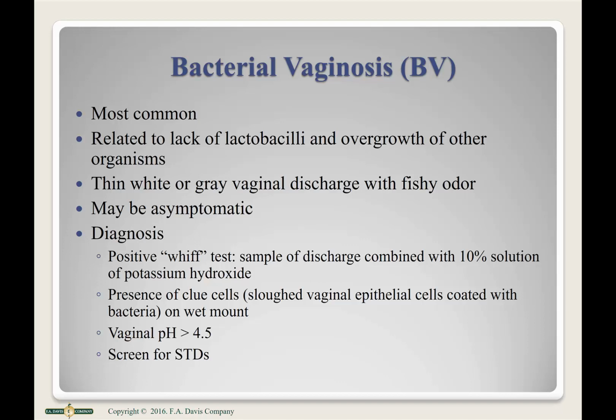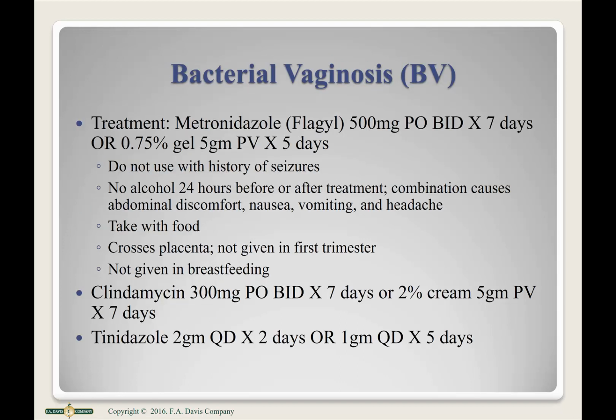And then if we were to do a pH on the vaginal discharge, it would be greater than 4.5. Okay. And then if you have someone with BV, you probably should suggest screening for other sexually transmitted diseases, because it's just kind of part of that whole cluster of things.